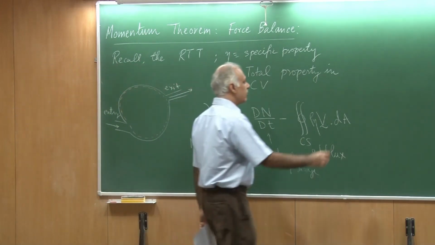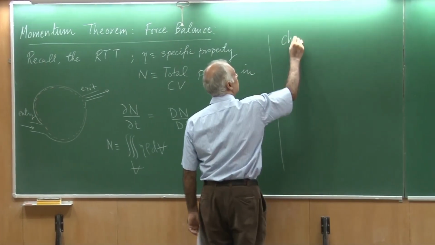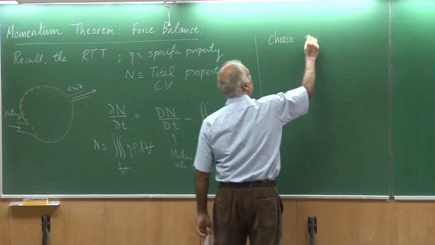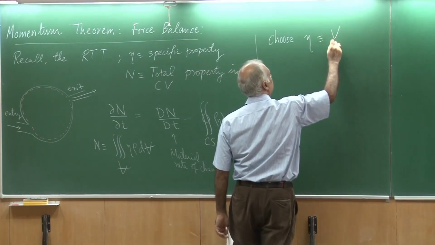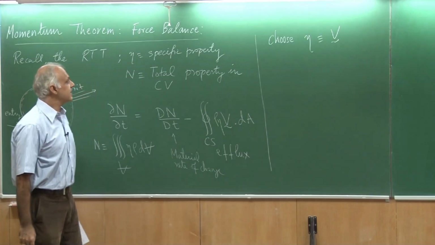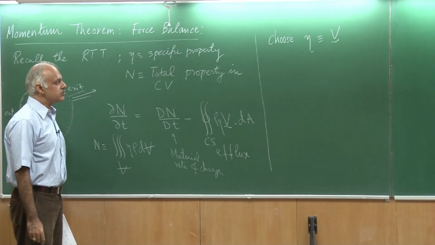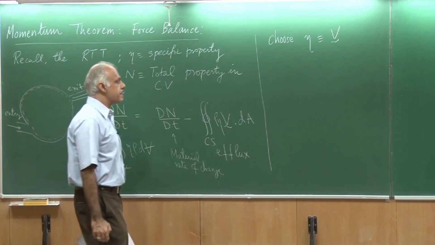Okay, so now what we are going to do is choose eta as the velocity, this time a vector. For the mass conservation, we chose eta as 1. Now we choose it as the velocity.